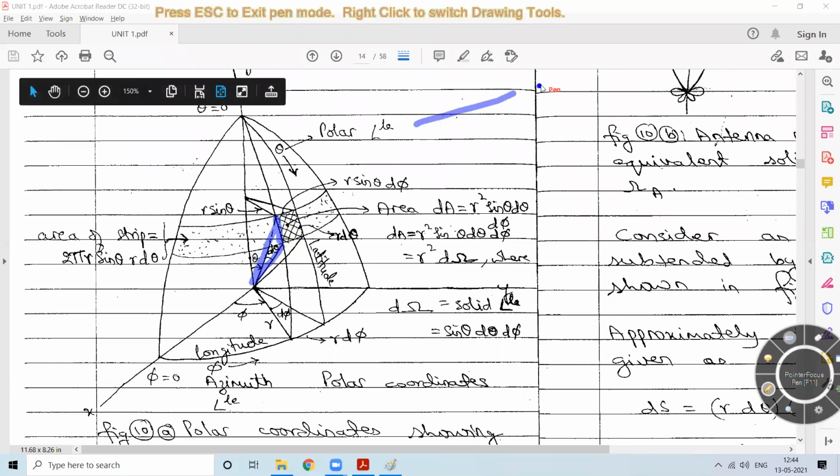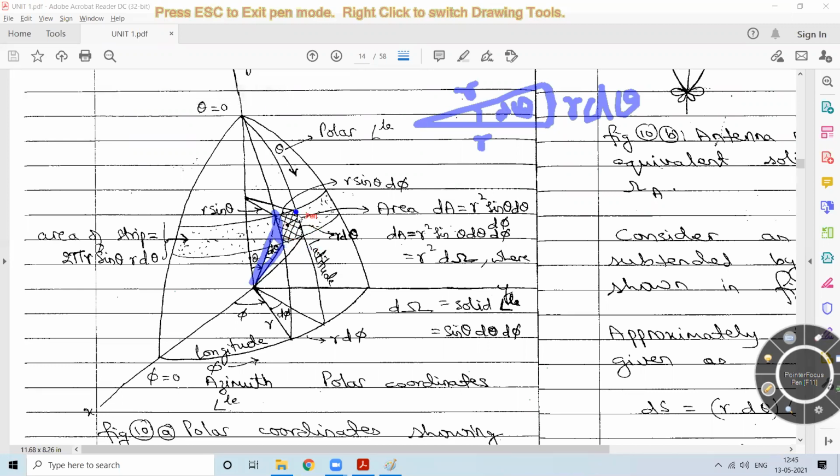Whenever you have something in this form, and this angle is very small, so this is d theta, and this side is r. Since the angle is very small, this side is also nearly equal to r. Therefore the length of this small arc will be equal to r into d theta. That is the concept you are applying over here. So the side which you observe is r into d theta.